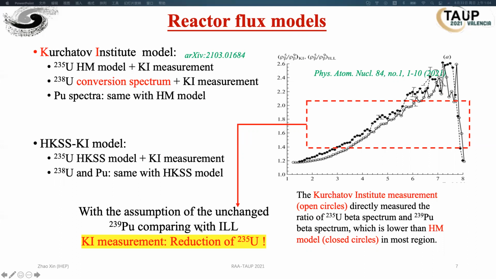With this correction, in this reference, they have considered the KI model. They even think about the converted uranium-238 spectrum. And we also apply the KI correction to the HKSS model's uranium-235 spectrum directly to obtain a new model. And we call it the HKSS KI model.